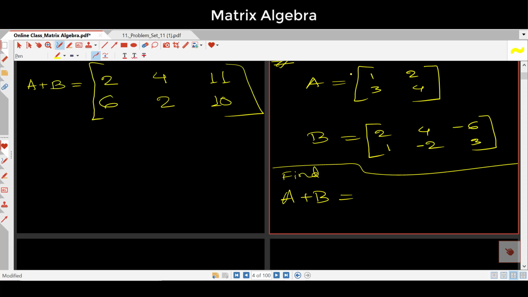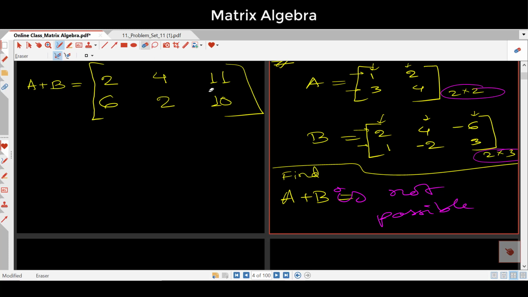The first matrix has 2 rows and 2 columns, 2 by 2. The second matrix has 2 rows and 3 columns, 2 by 3. So the order of the first matrix and the order of the second matrix are not the same. Here 2 by 2, here 2 by 3. So addition is not possible. Although we are asked to find A plus B, this A plus B is not possible, because the orders of the two matrices are not the same.